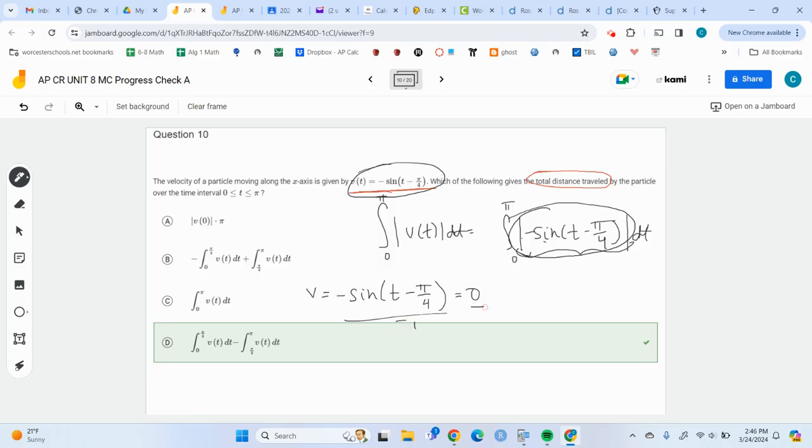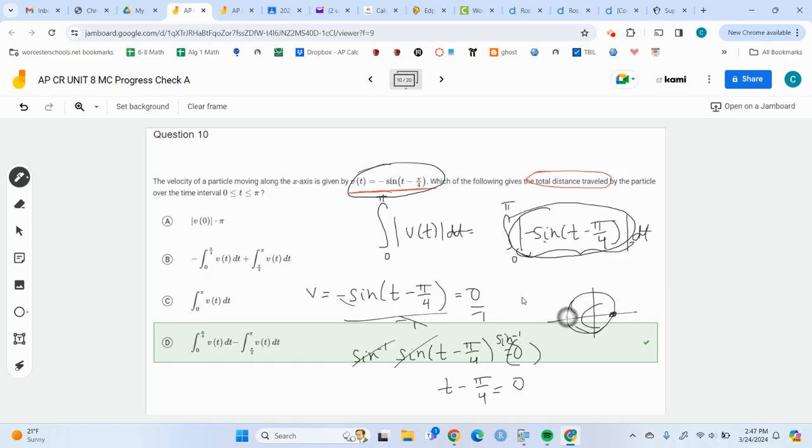So if I divide by -1, it'll just cancel this negative here. So sine of t minus pi over 4 equals 0 over -1, which is 0. I'm going to do sine inverse of each side because I want to slowly get to t. So t minus pi over 4 is sine inverse of 0. What angle on the unit circle has a y value of 0?